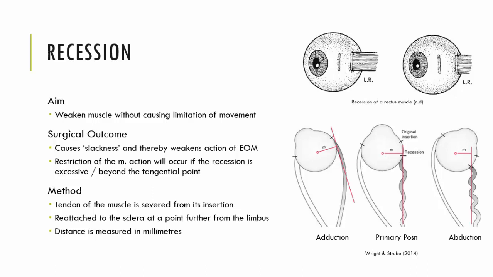The medial rectus is an adductor, and the lateral rectus is an abductor. So if you weaken the abducting effect of the lateral rectus, the eye will rotate inwards in response to a recession. So a recession of the lateral rectus will have the effect of improving or treating an exodeviation.